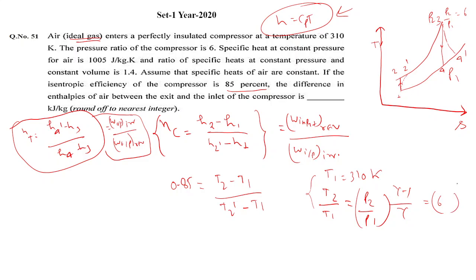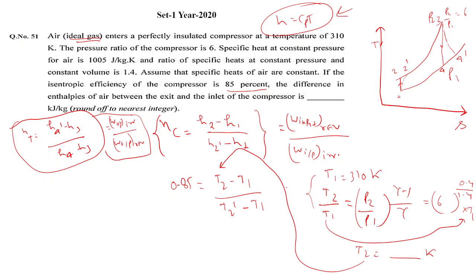So 6 to the power 0.4 by 1.4, and multiply this by T1. So you will get T2 in Kelvin. Put the value of T2 here, and T1 you know already. Put T1 here, and 0.85 you know, and find T2 dash from here, right?